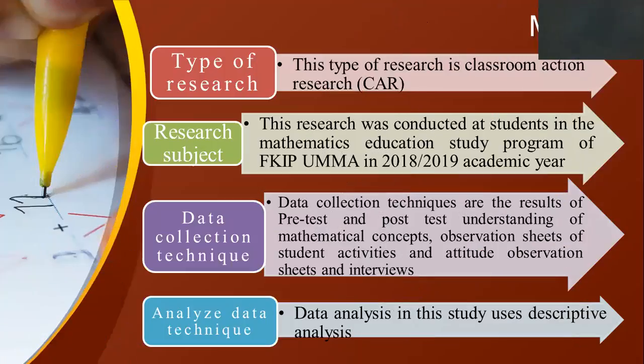Then the second part is the research method. Type of research is a classroom research. Research subject, this research was conducted at student in the mathematics education study program of FKIP UMMA, and data collection technique.